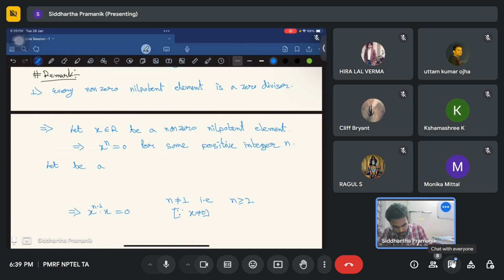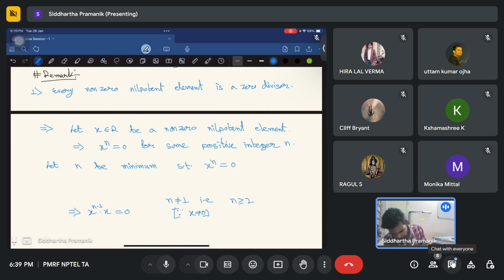Let n be minimum such that x power n is 0.